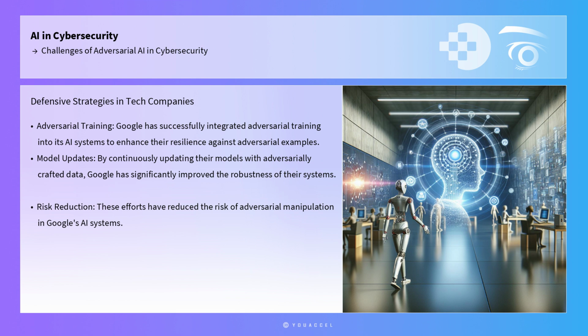Google, for instance, has successfully integrated adversarial training into its AI systems to enhance their resilience against adversarial examples. By continuously updating their models with adversarially crafted data, they have significantly improved the robustness of their systems, reducing the risk of adversarial manipulation.